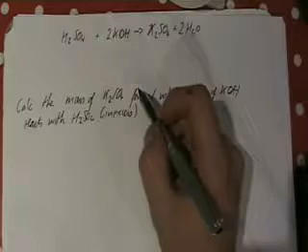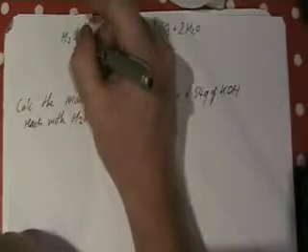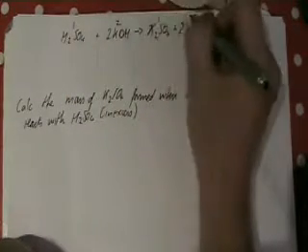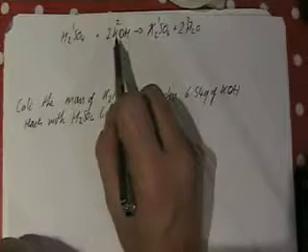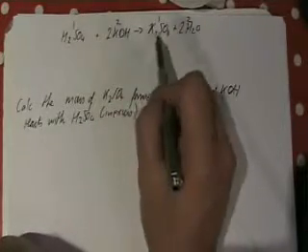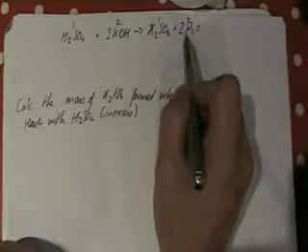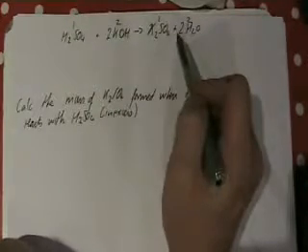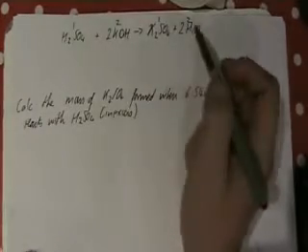So the first thing that we do is we go through the equation again and we work out our reaction ratios, our coefficients. So this time it's 1 to 2 to 1 to 2. So that tells me if I have 1 mole of that, I need 2 moles of that to react with it, and I will make 1 mole of that and I'll make 2 moles of water. So in other words, the ratio must always be the same. So the first thing we need to do is calculate out the moles of potassium hydroxide that we're going to start off with.